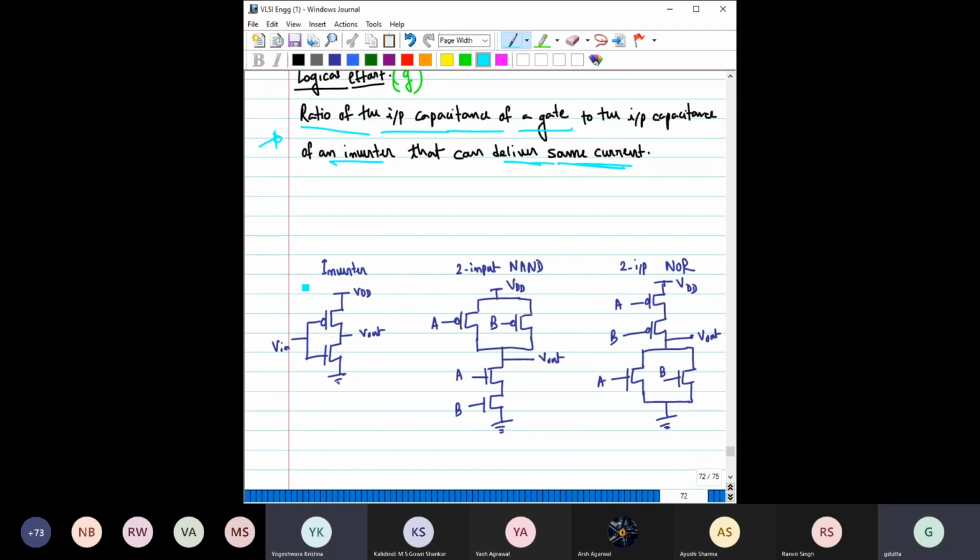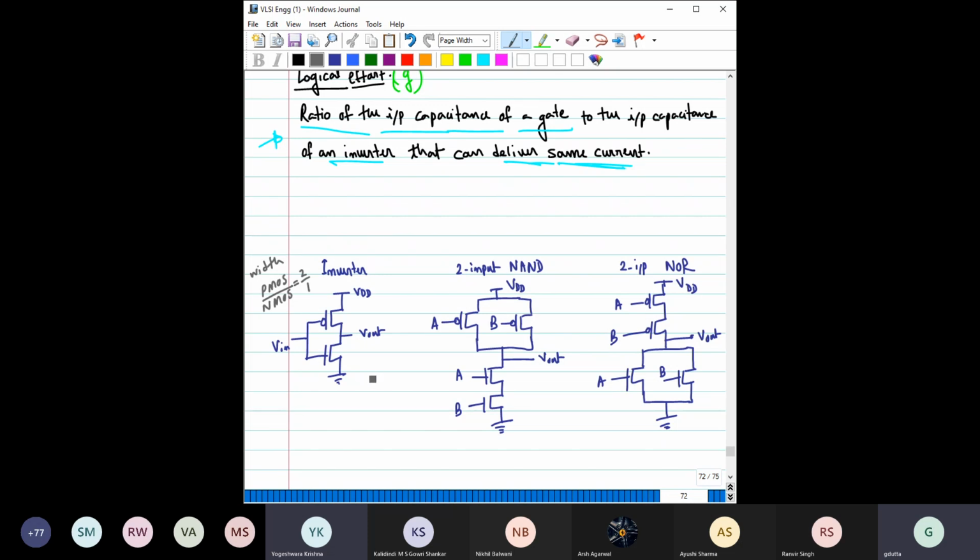So let's consider one inverter, where you can see this inverter. For a particular technology node, the width ratio of the PMOS and NMOS has to be 2:1, because you have to get a symmetrical VTC, with equal fall time and rise time.